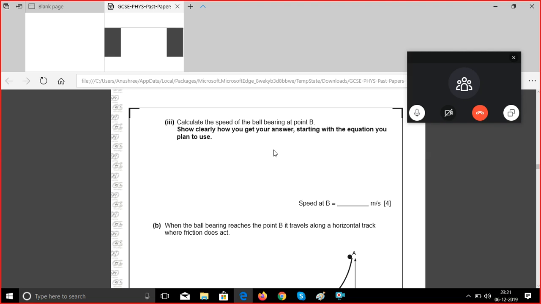Number 3, calculate the speed of the ball bearing at point B. So speed is distance over time.